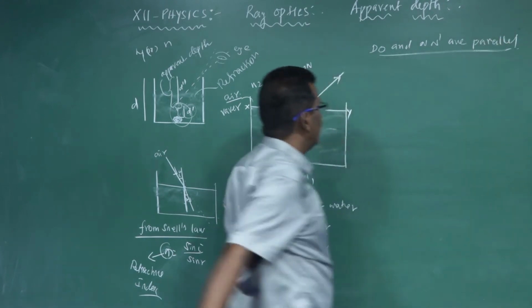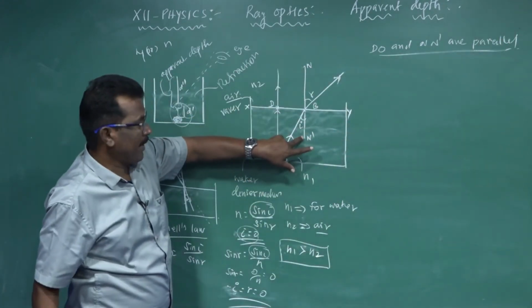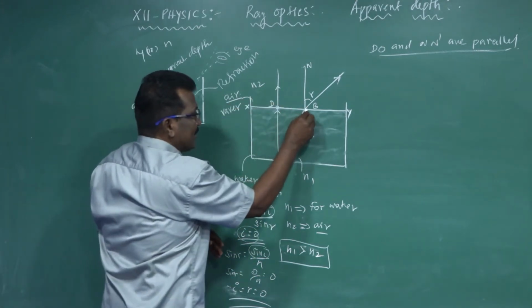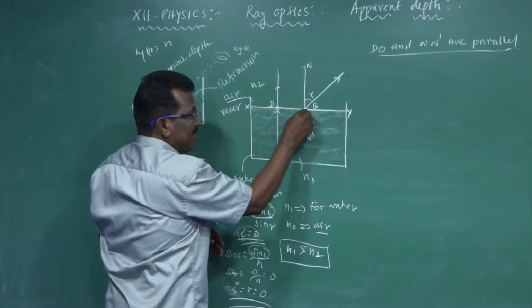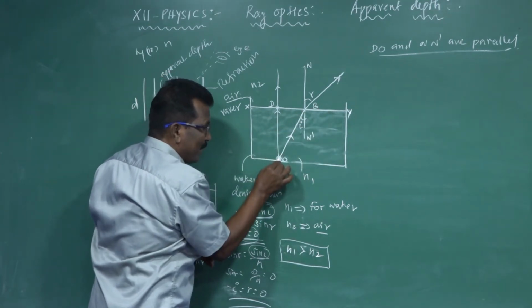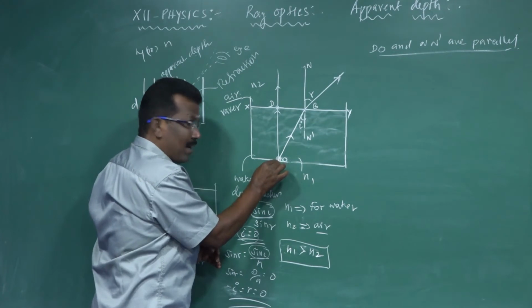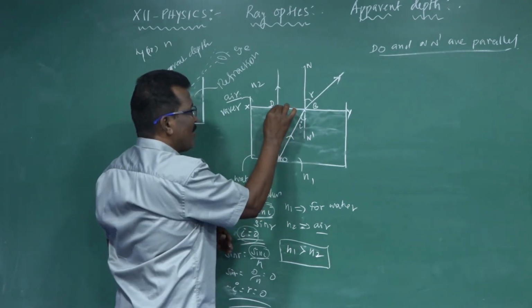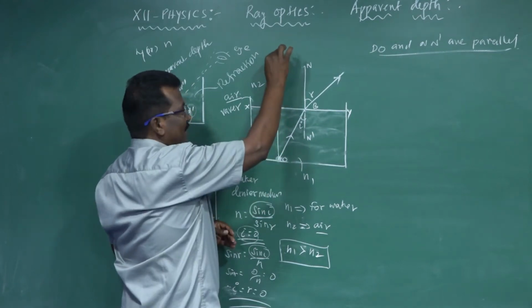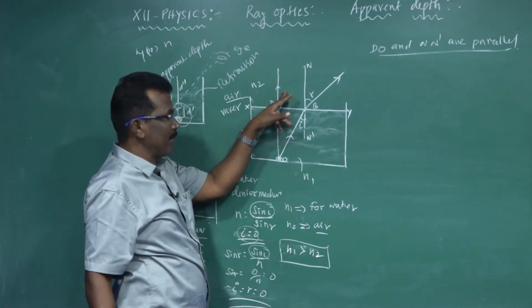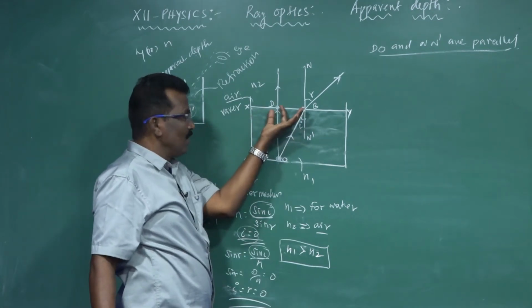This is drawn normal to the surface at point B, which separates the rarer medium and the denser medium. But this light coming from the object O, which is placed at the bottom of the beaker, travels straight, is incident normally on the surface, and is refracted in the same direction in the air medium. So at point D, there is no deviation.